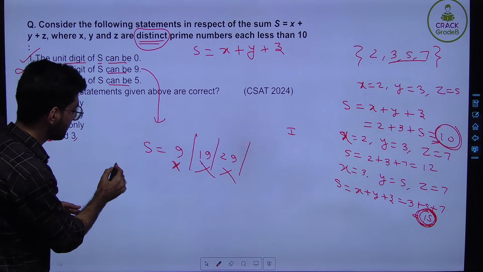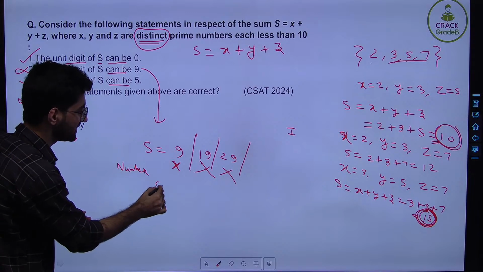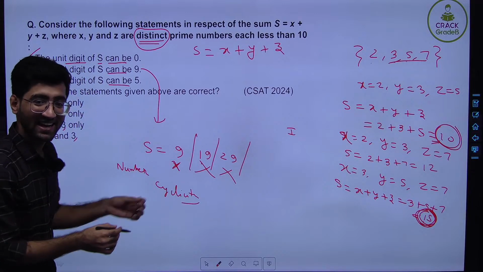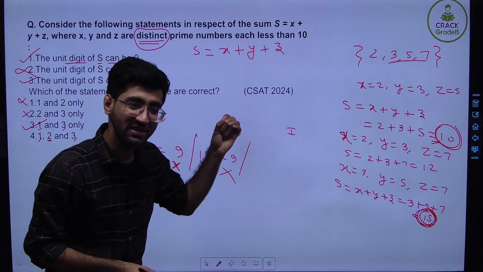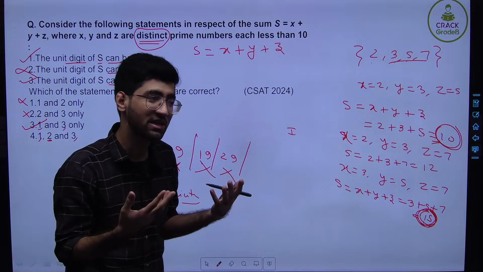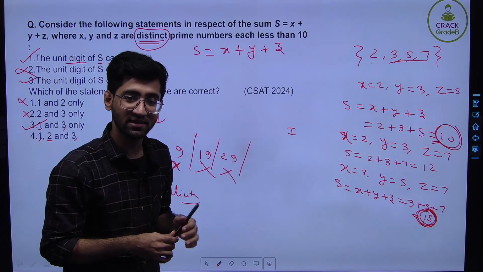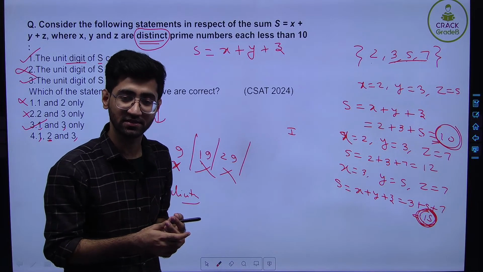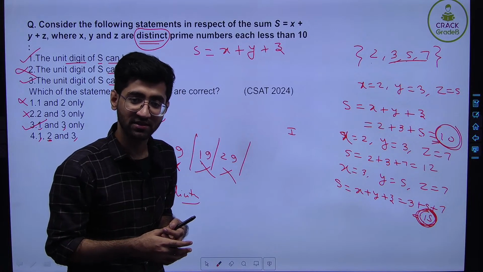In number system, we learn cyclicity to find the unit digit, and they have asked you to deal with the unit digit by following simple additions, but they are still able to make a beautiful question, right? That's why we will have to work a lot on our fundamental concepts to solve this kind of questions.